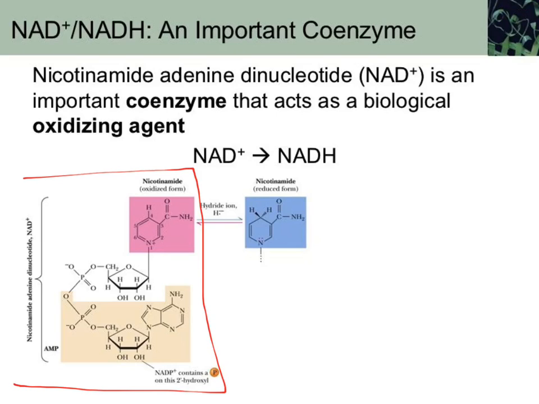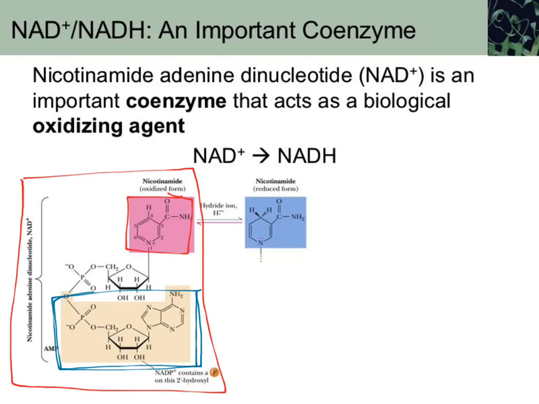This structure here, big old nasty thing, is our NAD+. Okay, we have the nicotinamide in red. We have, oh gosh, this one's confusing. The nicotinamide, and then they say adenine. Adenine is here in blue. And this is particularly irritating.